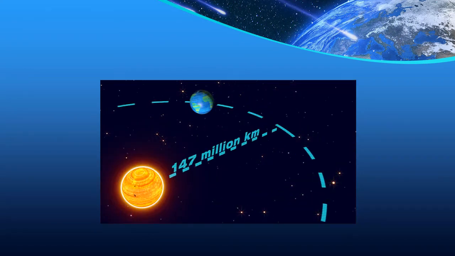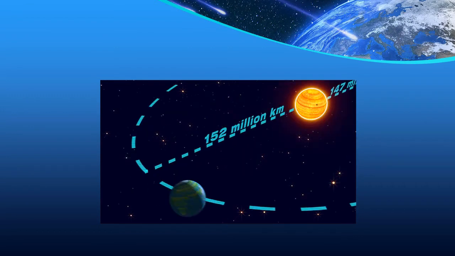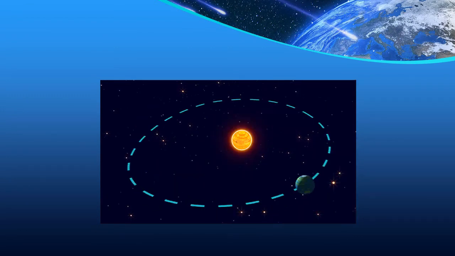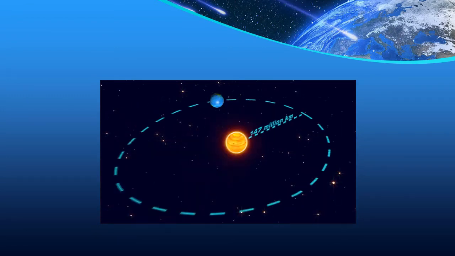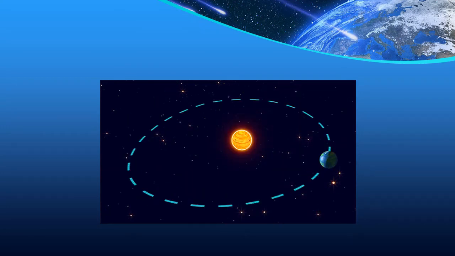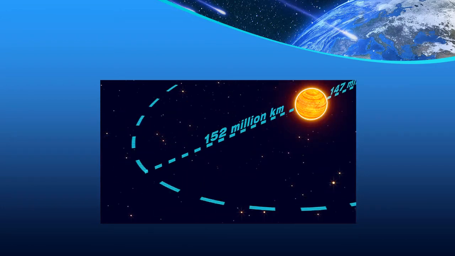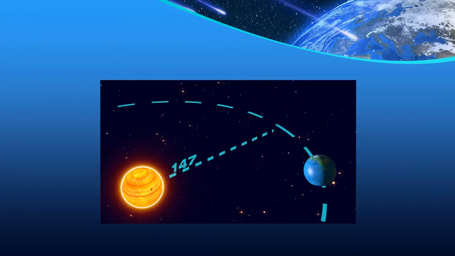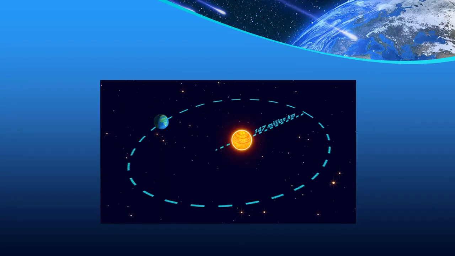When the earth is nearest to the sun, the distance is 147 million kilometers, but when it is farthest it is 153 million kilometers. Because of this oval path, we can see that the distance varies. There is a difference in the distance between the earth and the sun.